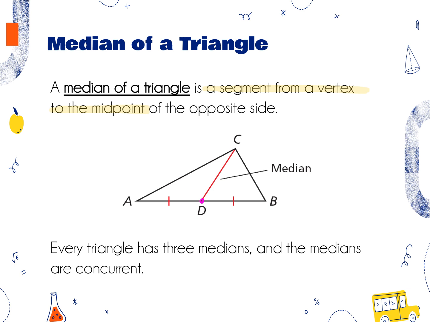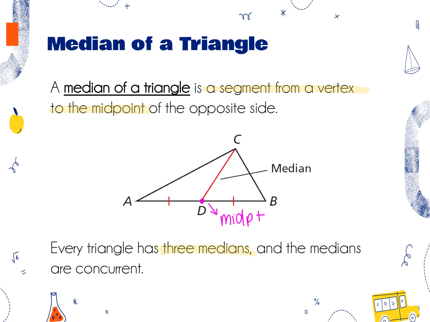So that red line is called my median. There are 3 medians in a triangle, so I'm showing you where all my medians are. That's one that they're giving you.